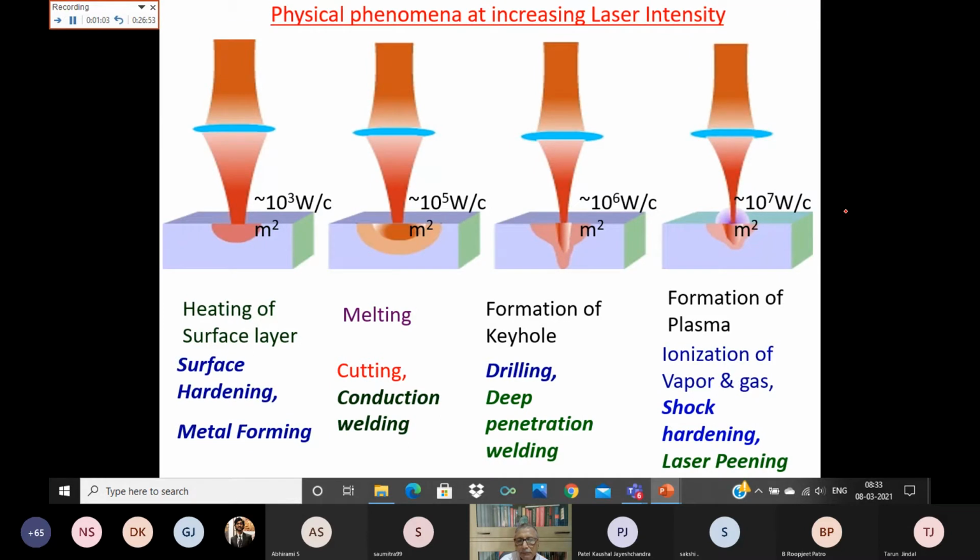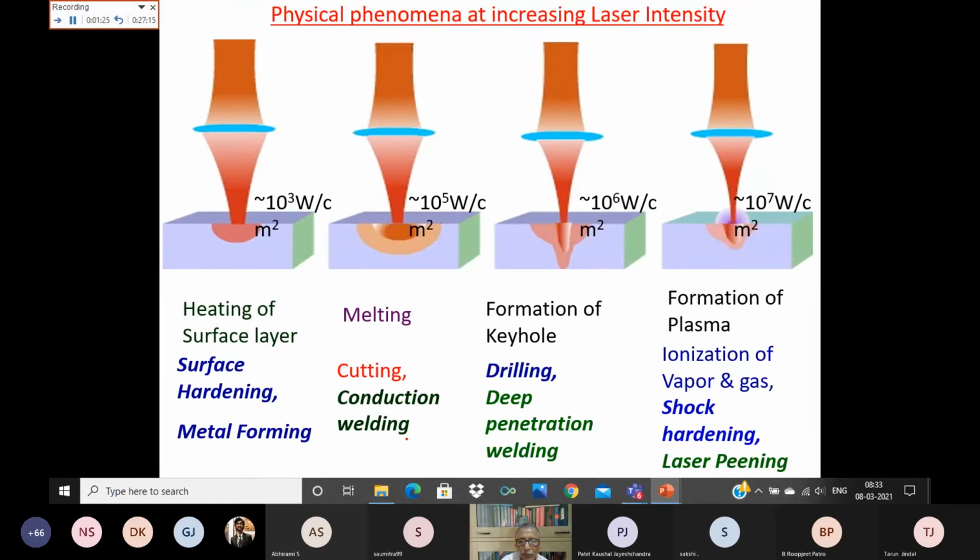At 100 kilowatt per centimeter square or more power density, you can melt the material, and by this melting phenomenon, you can realize the cutting of the metal sheet as well as the conduction welding.